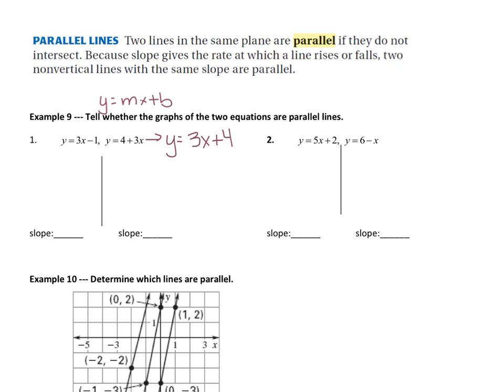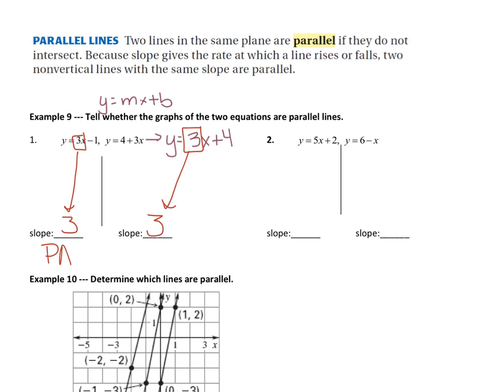So then it's very simple to identify your slope. Remember, your slope is the number in front of your x, right? So my slope for this one is going to be 3, and my slope for the second equation is also 3. So because both of these equations have the same slope, that means these two lines are parallel.